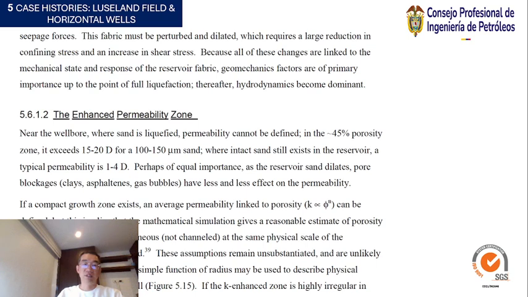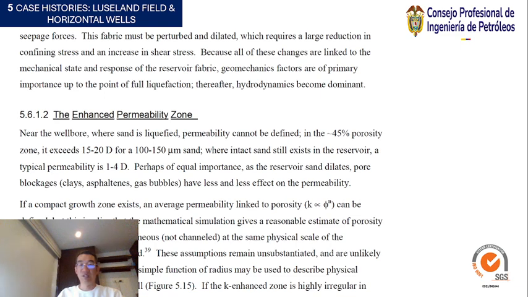If a compact growth zone exists, an average permeability linked to porosity can be defined, but this implies that the mathematical simulation gives a reasonable estimate of porosity, and that porosity is homogeneous, not channeled, and at the same physical scale of the mathematical characterization used.